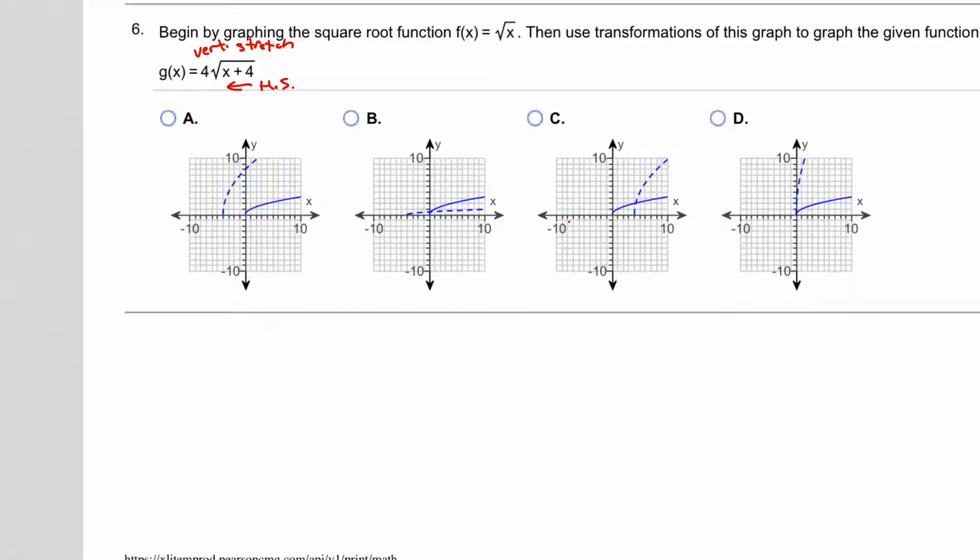Okay, so horizontal shift to the left, looking narrower, would be A. Okay, you can see the values being pulled away from the x-axis because we're stretching it upward, and it looks narrower. All right.